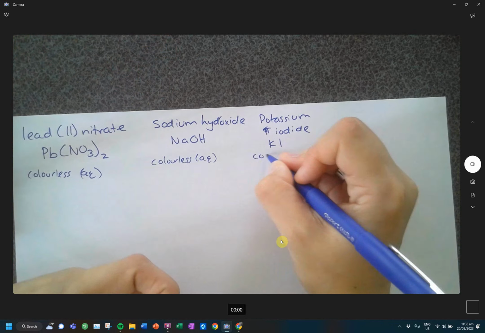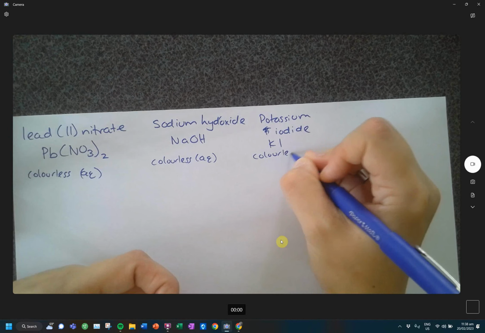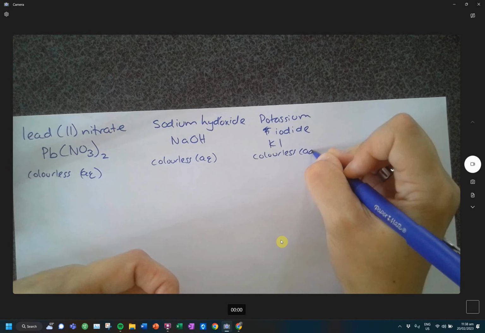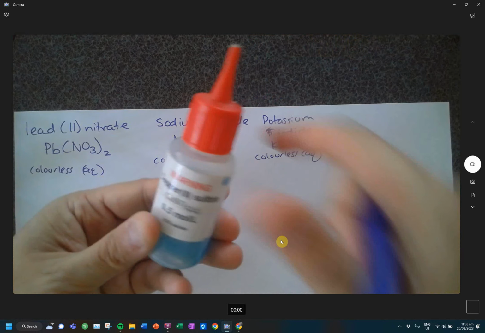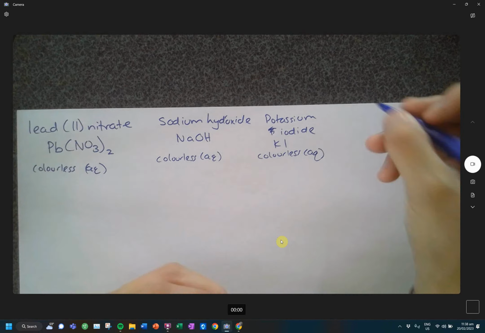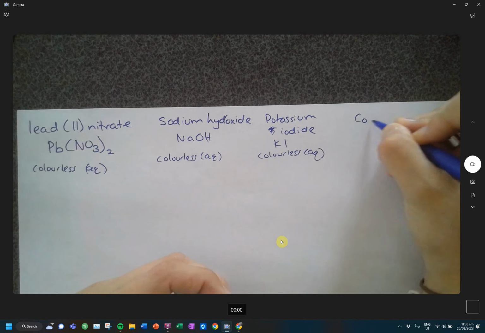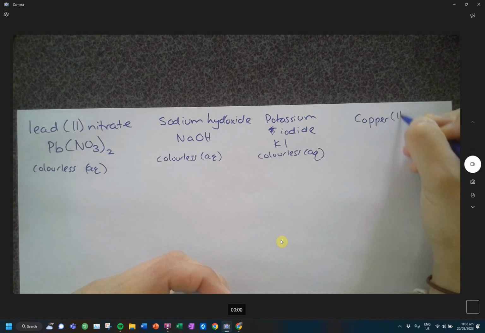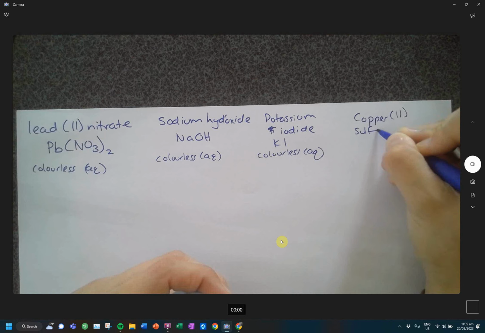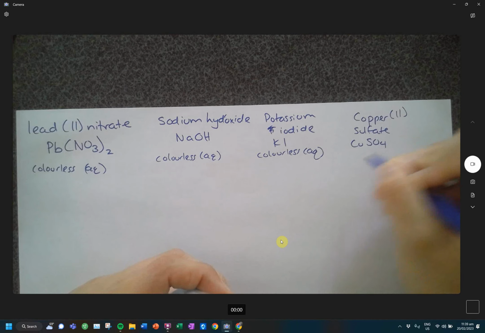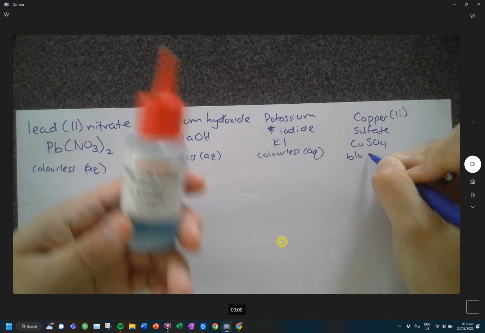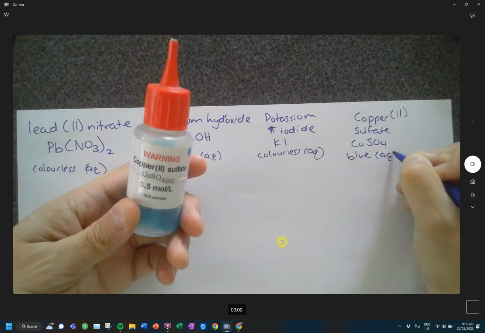Colorless. AQ. And then the last one we have is our copper sulfate. This guy is blue and also aqueous.